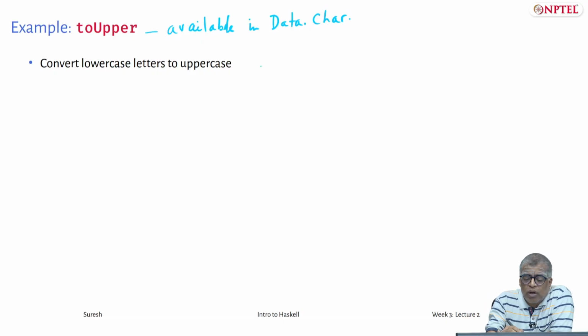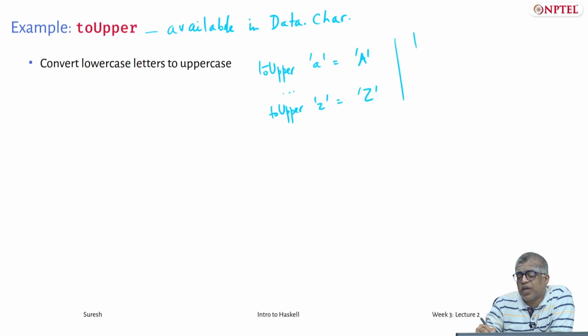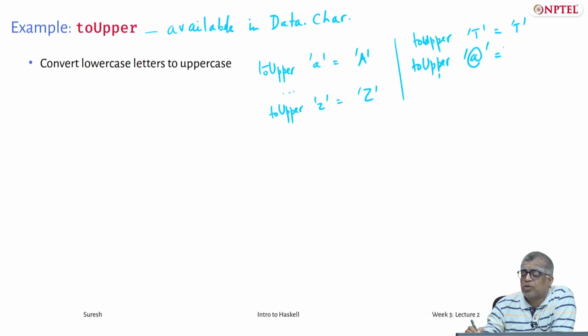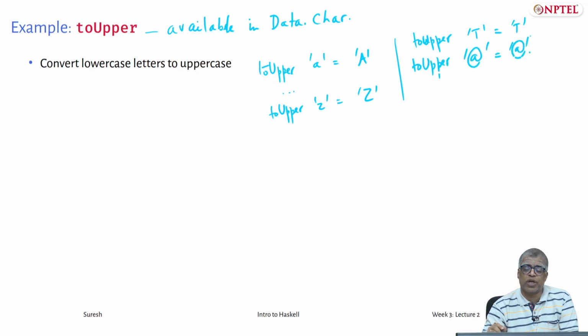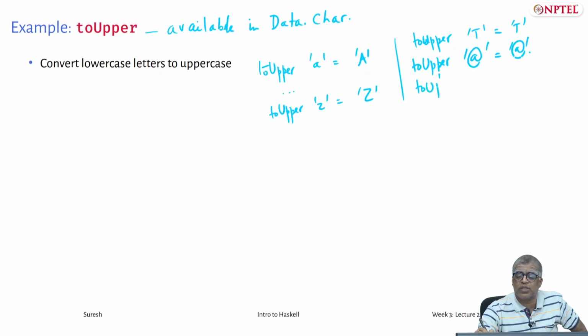So toUpper of small a will be capital A and so on. Otherwise it should stay the same. toUpper of capital T, let us say, should just be capital T. toUpper of the at symbol should just be the at symbol. Nothing else should change. toUpper of the 0 symbol should just be the 0 symbol.